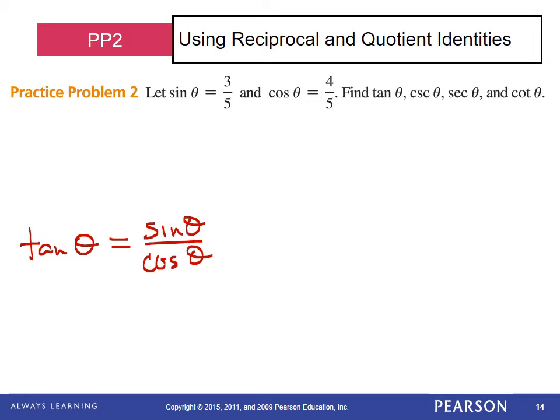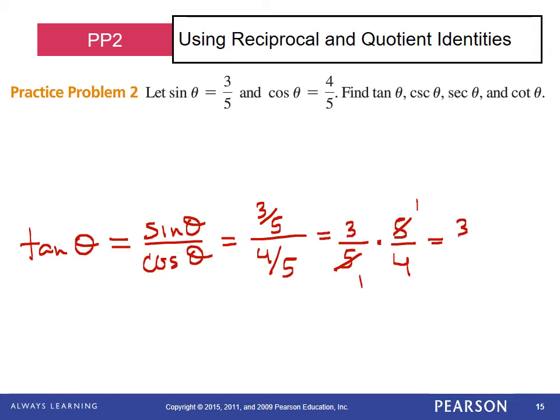So if that is the case, I'm going to put in 3/5 on top, 4/5 on the bottom. And in order to simplify this, it's going to be 3/5 times the reciprocal, which is 5/4. The 5s cancel, and we get ourselves 3/4. That is what the tangent value is.